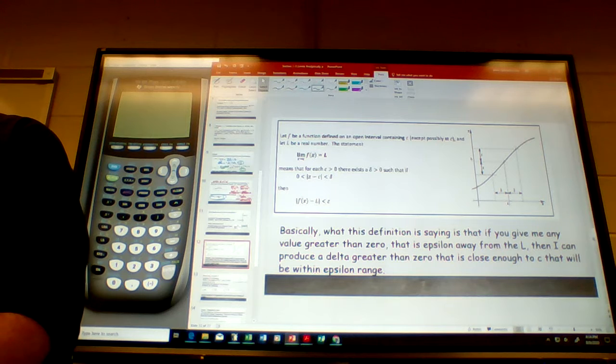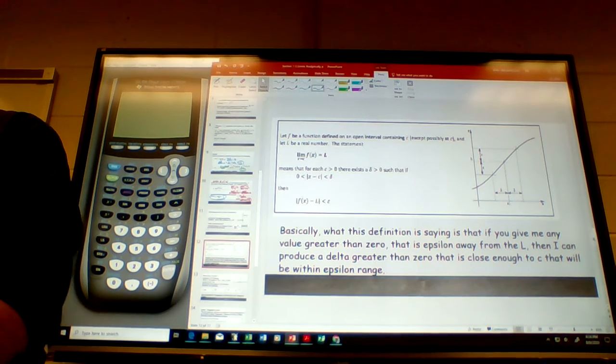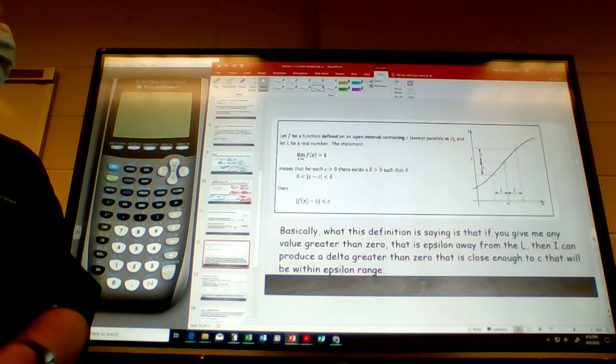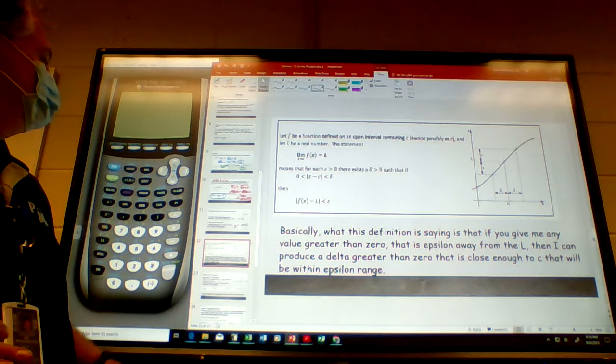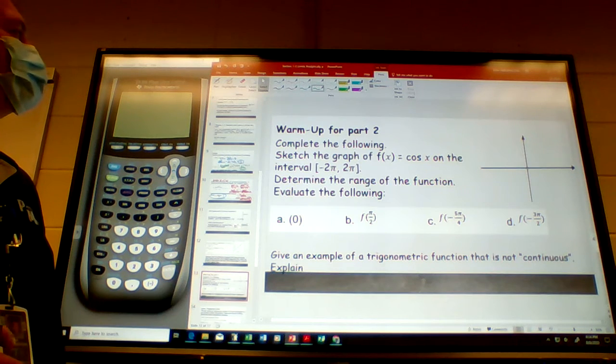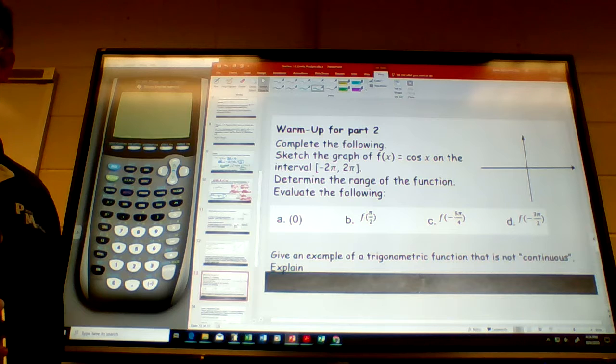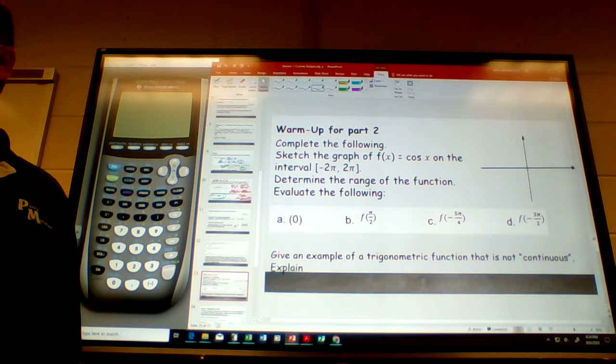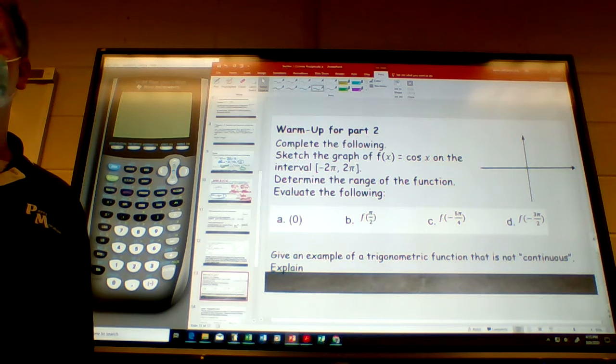A little bit more you can read over on your own. Okay, sketch the graph of f of x equals cosine x on the interval. You can do that. Determine the range of that.